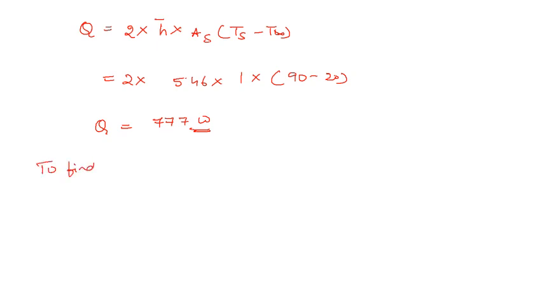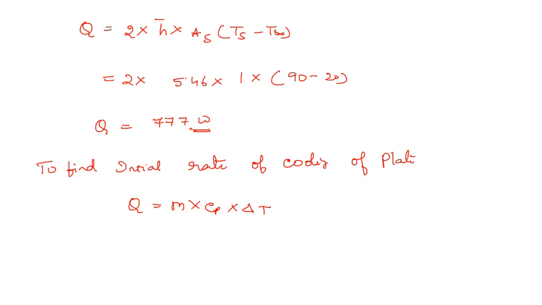To find the initial rate of cooling of a plate, we can consider Q is equal to M into Cp into delta T. So Q is equal to M into Cp into delta T. To find the mass, we can use one more formula, that is equal to area into thickness into density of the glass.